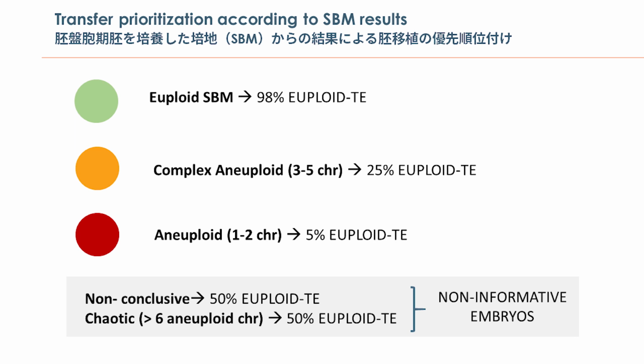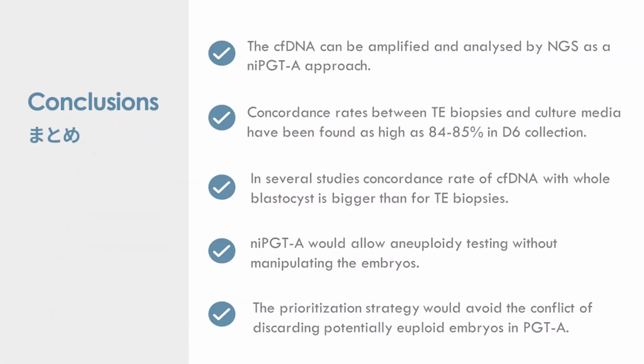And there are several more studies confirming that maybe the analysis of the media is helpful to improve the clinical outcomes. So the conclusions of this talk is that cell-free DNA can be amplified and analyzed by NGS as a non-invasive approach for embryo selection, that the concordance rate between the trophectoderm biopsies and the culture media can be as high as 84–85% if we collect the media on day 6 or day 5.5, in a range between day 5.5 and day 6.